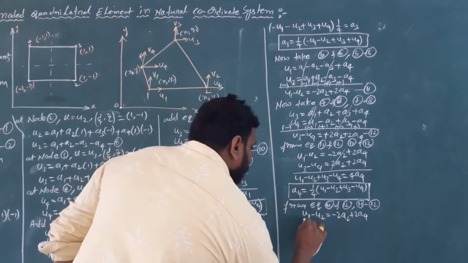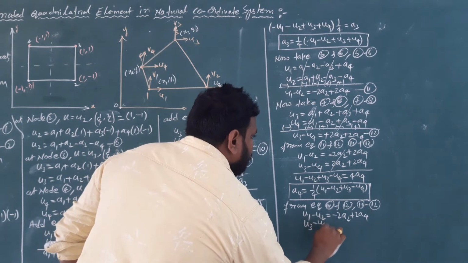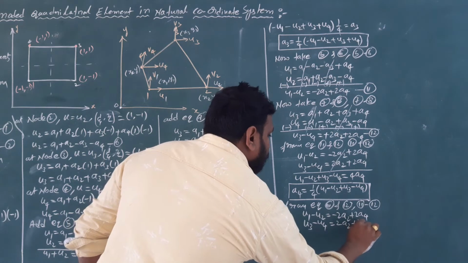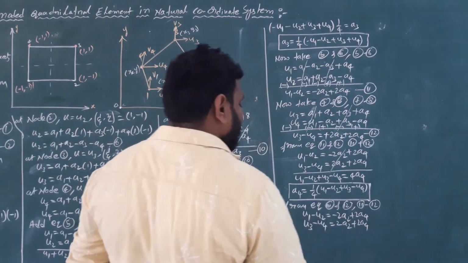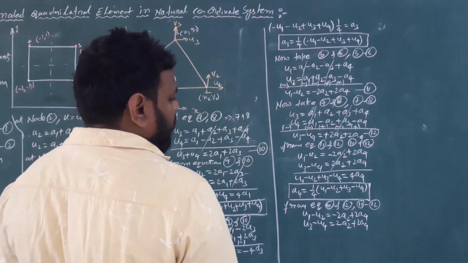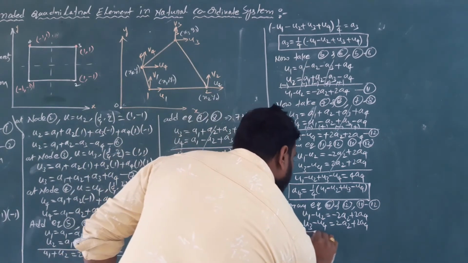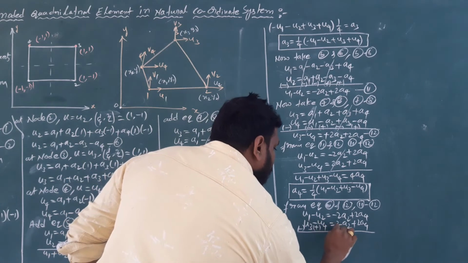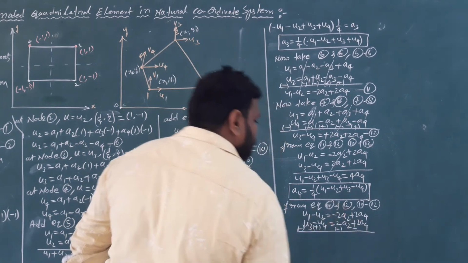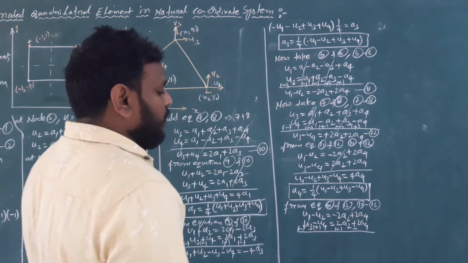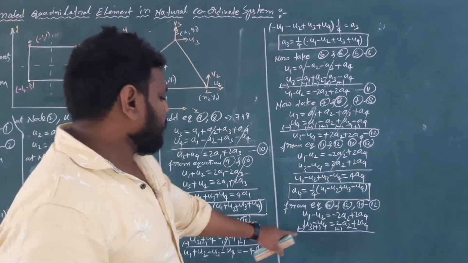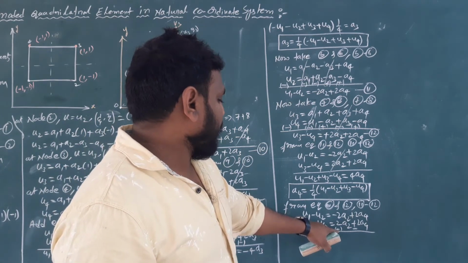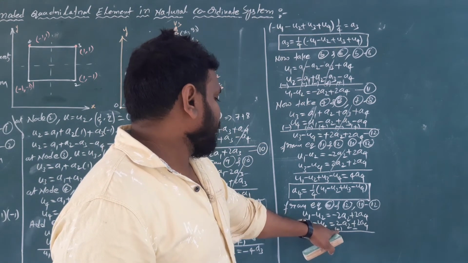So writing here, u3 minus u4 is equal to 2a2 plus 2a4. Now subtract. This is minus, this is plus, and this is minus, this is also minus. That is, I am subtracting.